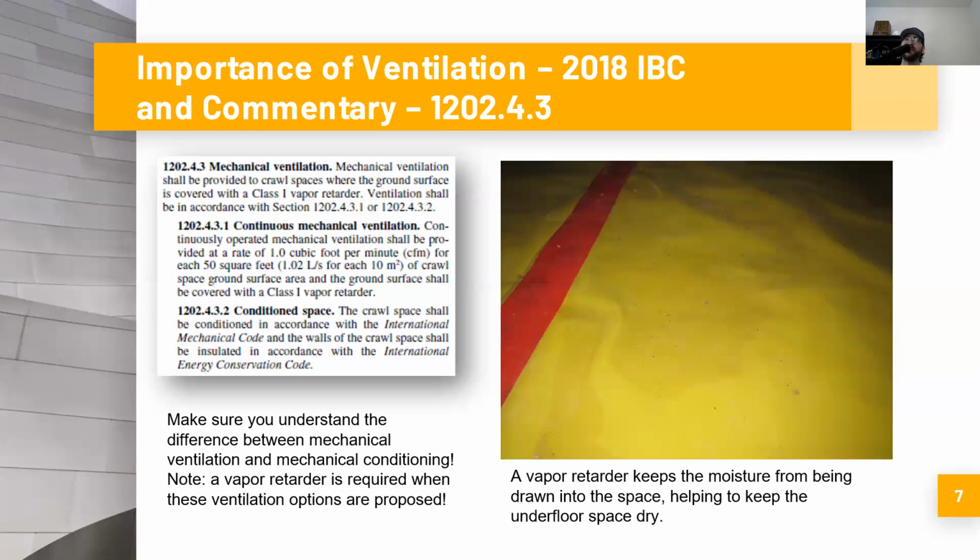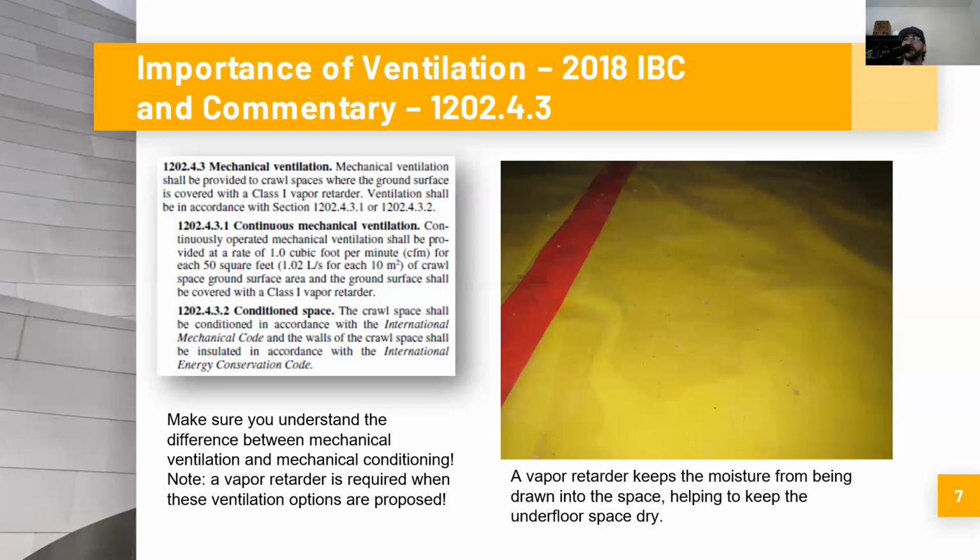And in that circumstance, you'd have to comply with the floors over unheated spaces per the IECC. So regardless of which system you use, natural ventilation, passive ventilation, mechanical ventilation, or conditioning, you do need to consider which one of those systems results in what type of thermal boundary to the building, and make sure you insulate those perimeter spaces accordingly.